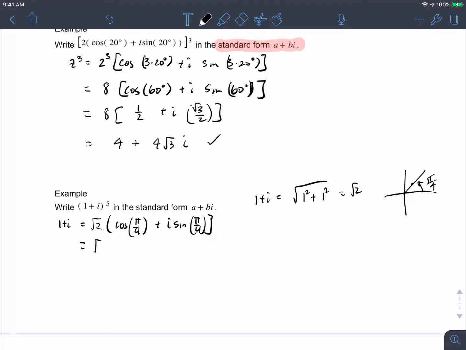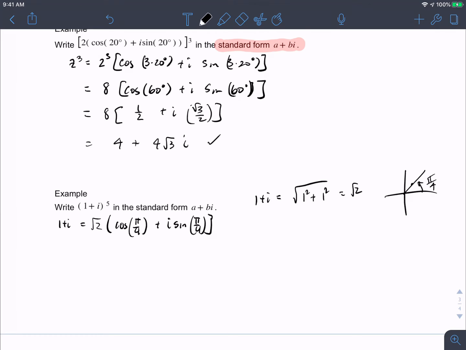And that's going to be radical 2 over 2 times 1 over radical 2 plus i 1 over radical 2. Oh, my apologies. Because we have that information, we can actually now expand our problem.